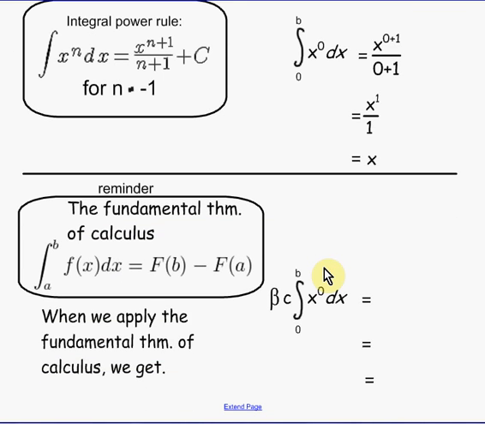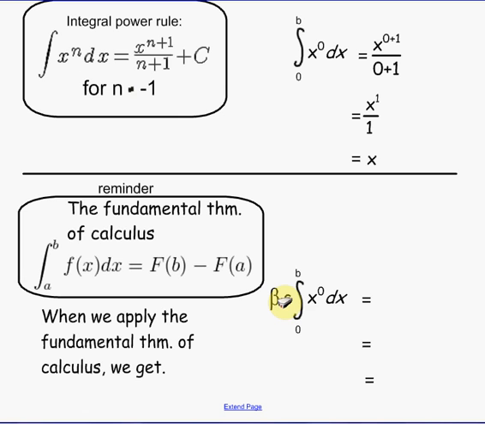Now, as we continue with our equation, solving this equation, we're going to use the fundamental theorem of calculus. The fundamental theorem of calculus says that if we have the definite integral from a to b of f of x dx, that is equal to f of b minus f of a.